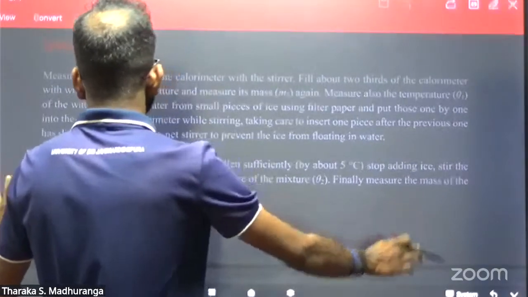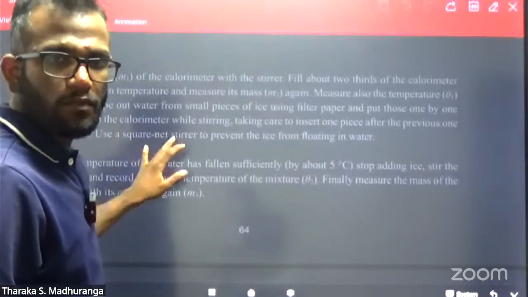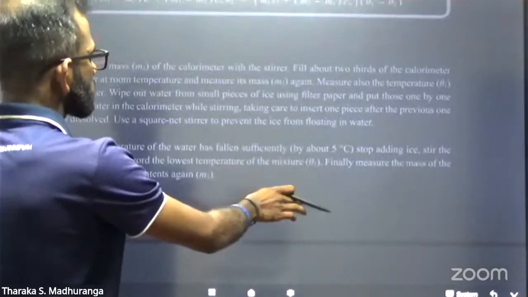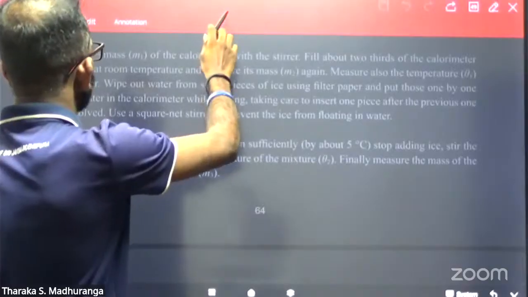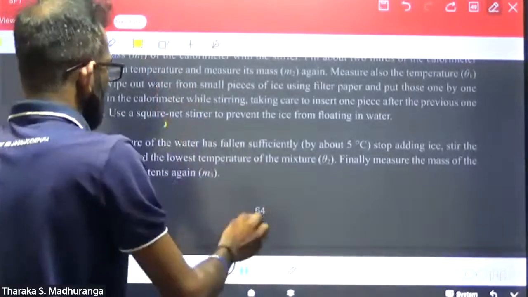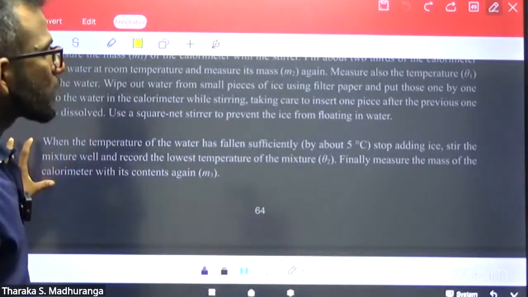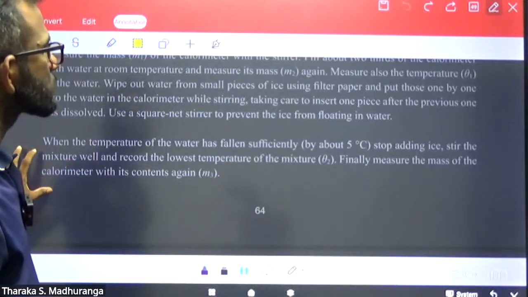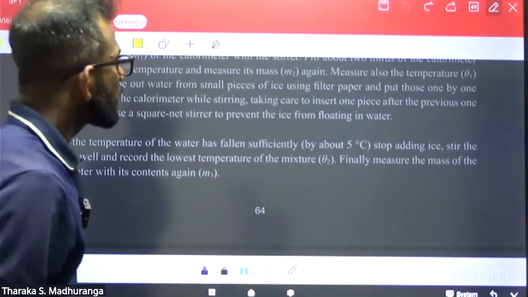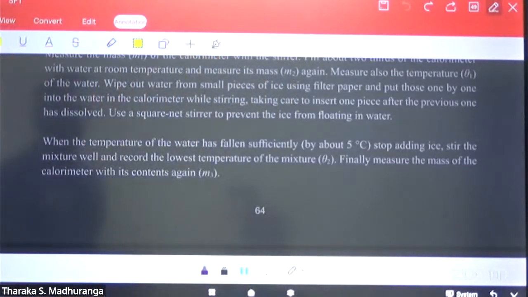Put them into the water in the calorimeter while stirring, taking care that each piece has dissolved before adding the next.